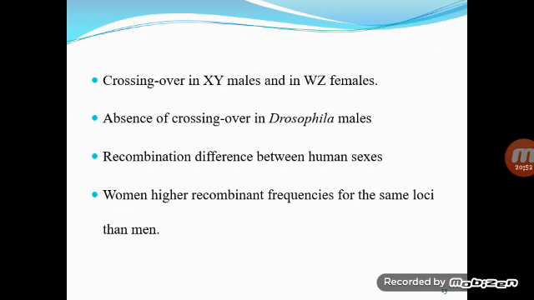The reason for absence of crossing over in Drosophila males is that they have an unusual prophase 1 with no synaptonemal complexes.